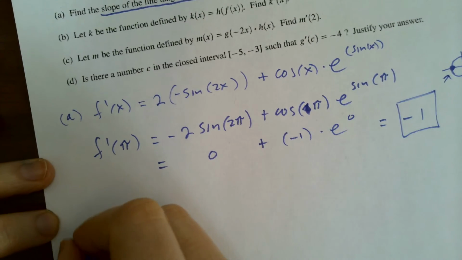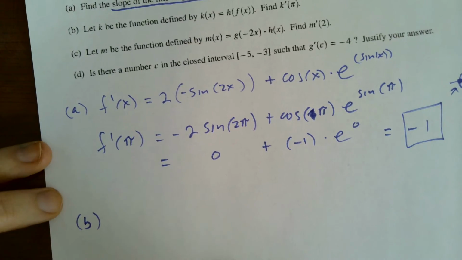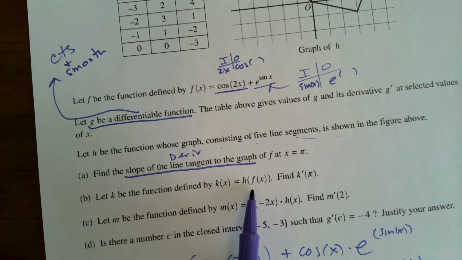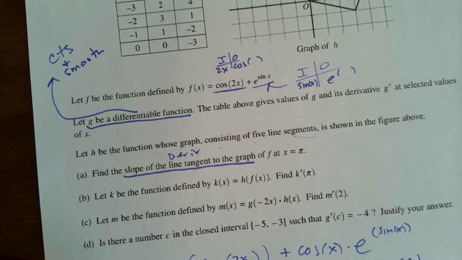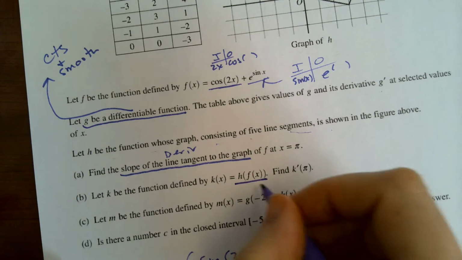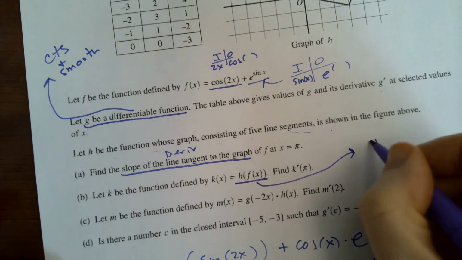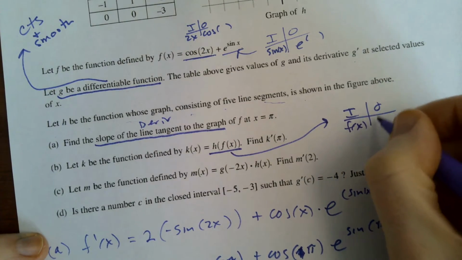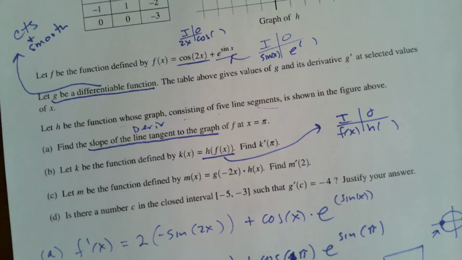Now part B. Part B. Let k be the function defined by this. Find k prime of x. And now, guys, if you look here, this is another chain rule situation. The inside this time is f of x, and the outside is h of blank.